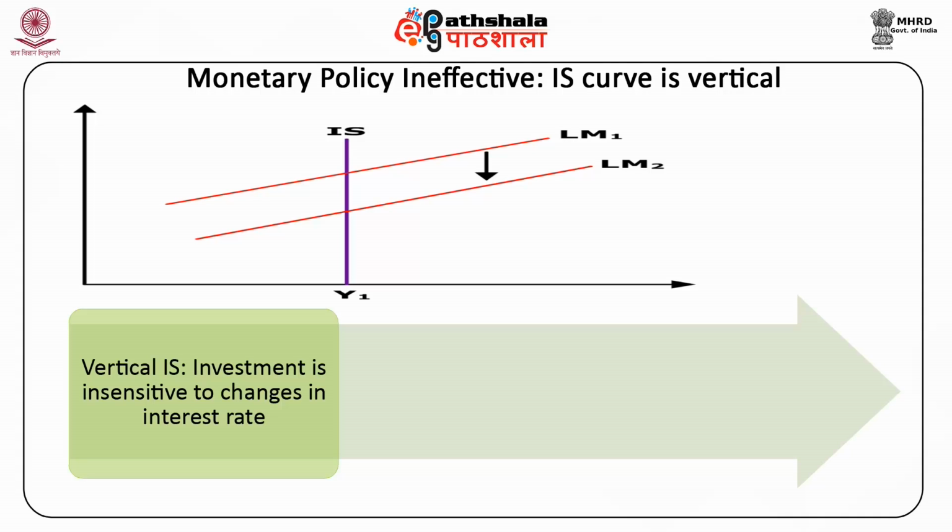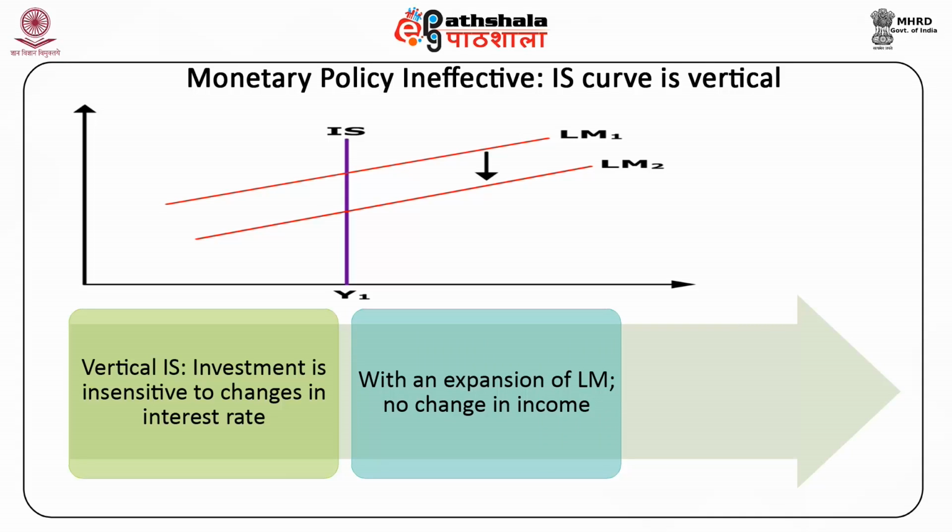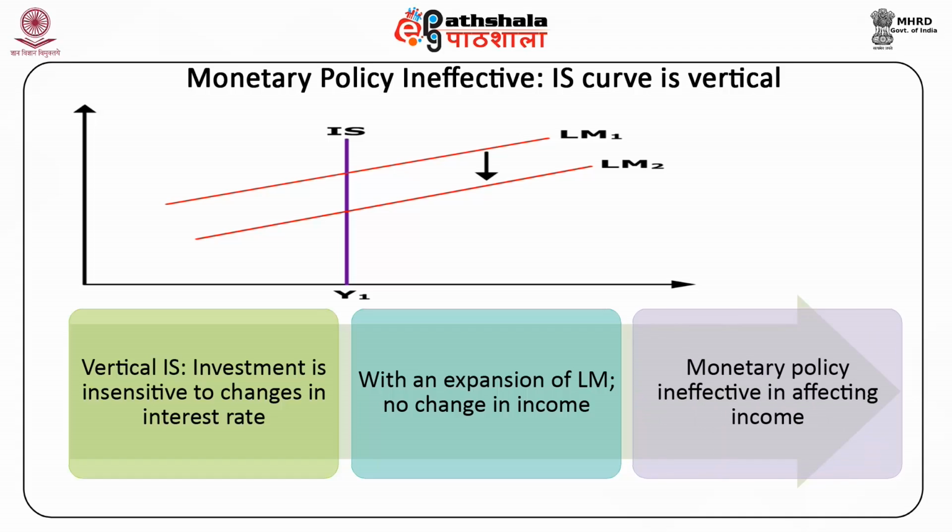When the IS curve is vertical, an expansion in money supply shifts LM from LM1 to LM2. However, there is no change in income. Hence, monetary policy becomes totally ineffective in affecting income.